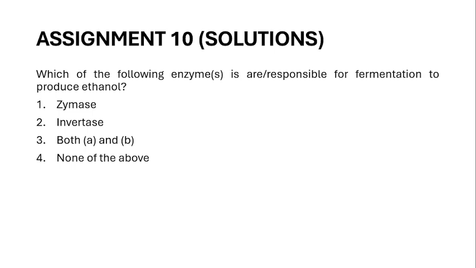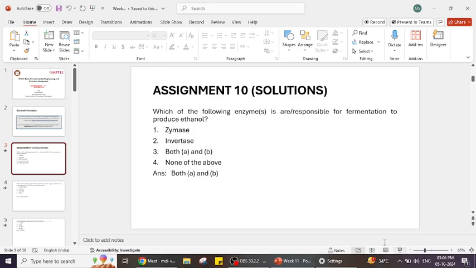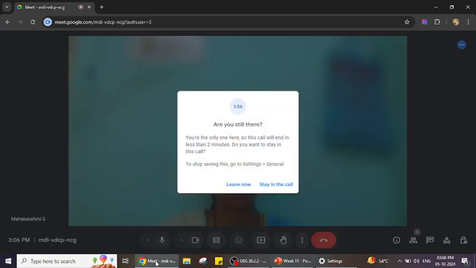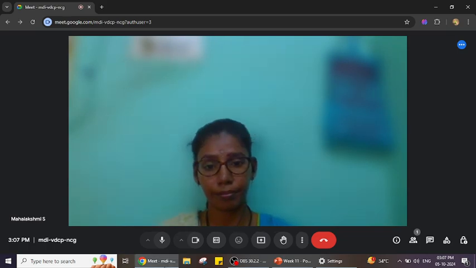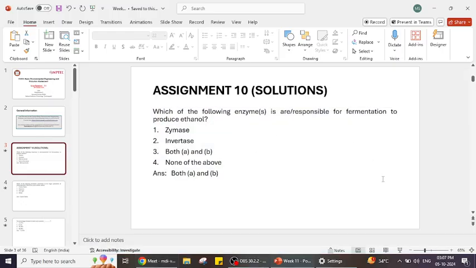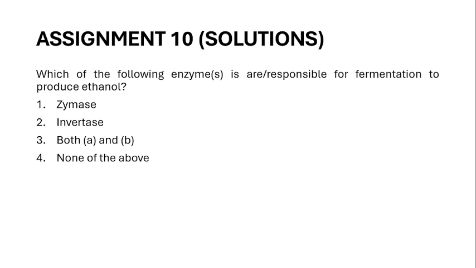So this assignment 10, the first question is which of the following enzyme is responsible for fermentation to produce the ethanol?